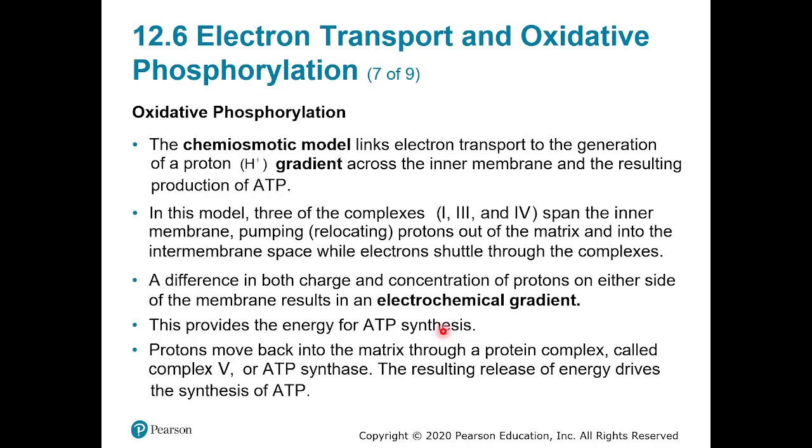Now, oxidative phosphorylation, remember, is where you're actually going to make ATP. The chemiosmotic model links our electron transport to the generation of our proton gradient across that inner membrane, and this results in the production of ATP.